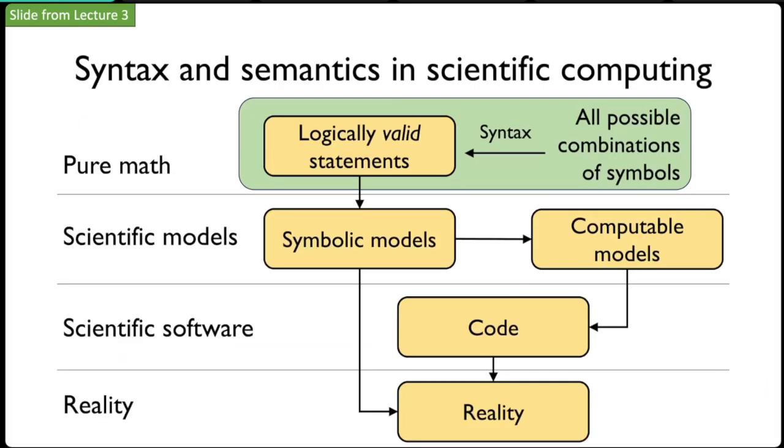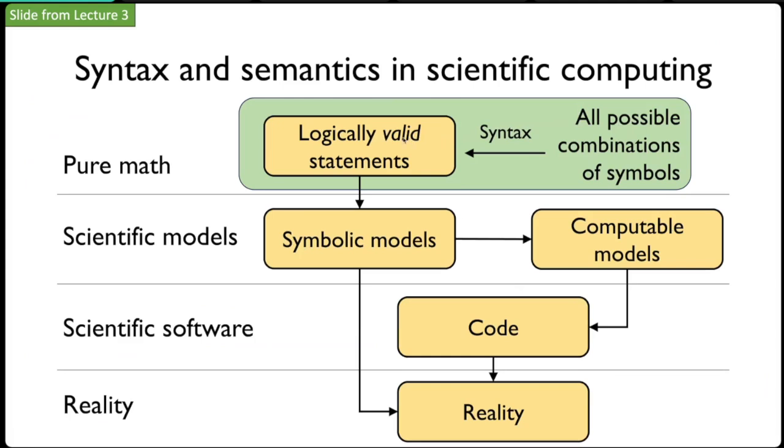So we keep coming back to this, but this is a foundational part of what we envision: that in the realm of pure mathematics, we have an ability to check the syntax of code and be sure that statements we're writing in pure mathematics are logically valid.